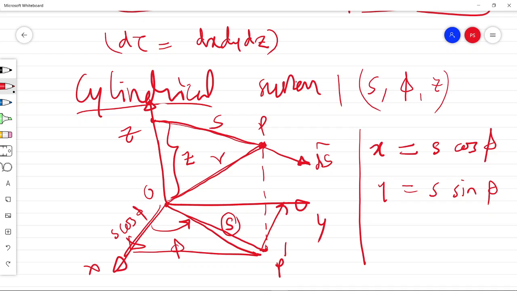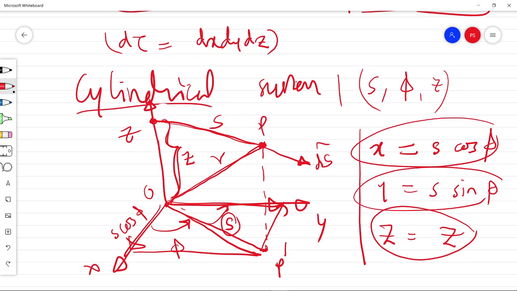The component along y for this s is going to be s sin phi, and the z component is just the z value, because it is the traditional Cartesian coordinate z, which we have already used many times. So these are the transformation equations which relate the cylindrical coordinate system with the Cartesian coordinate system.